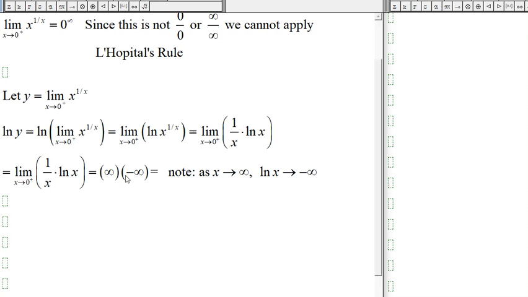And then positive infinity times negative infinity is just negative infinity.